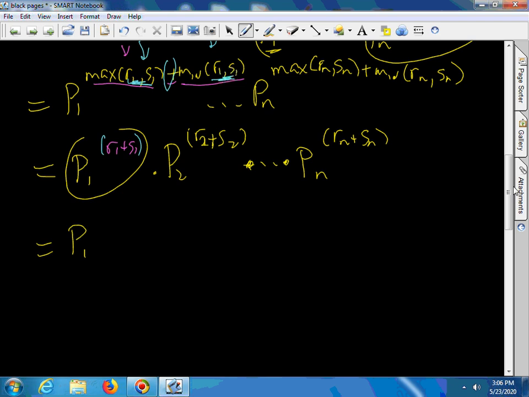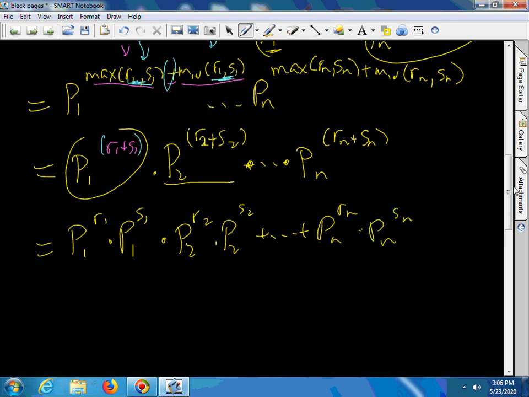This is the same as P1 to the R1 times P1 to the S1, times P2 to the R2 times P2 to the S2, all the way down to Pn to the Rn times Pn to the Sn. Remember, if you multiply and the bases are the same, you get the common base and you add the exponents. That's just what I'm doing. I just undid it.